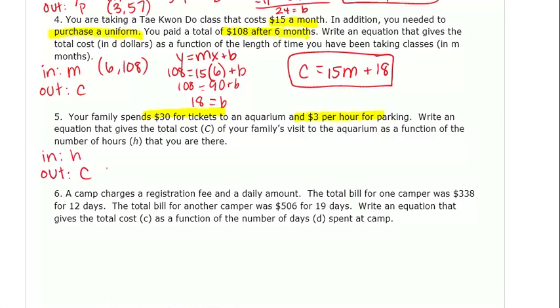And this is an awesome question because we have all the information. $30 for the tickets, and $3 per hour for parking. So it's going to be C equals $3 per hour plus that $30 that you spent on tickets.